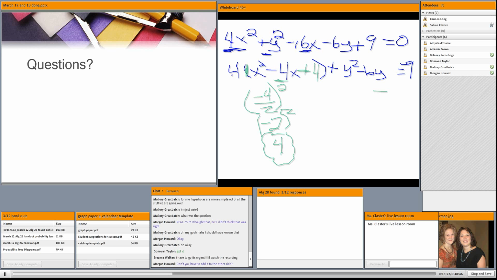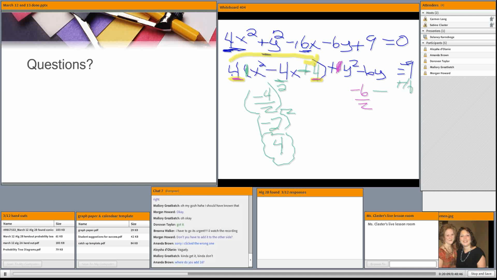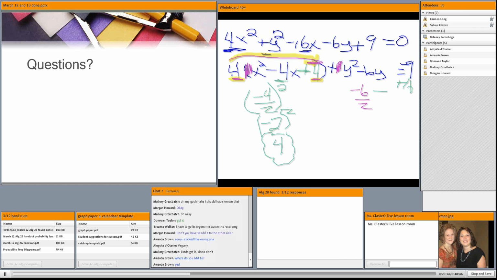Because when I added 4 here, it was really 4 times 4 because it's in the parentheses. So what I added right here was really 4 times 4, so what I add over here has to be 4 times 4. Does that make sense? The reason I had to do that is you can't complete the square unless you have a 1 for the square term. Now this one we won't have that problem because we didn't factor anything out.